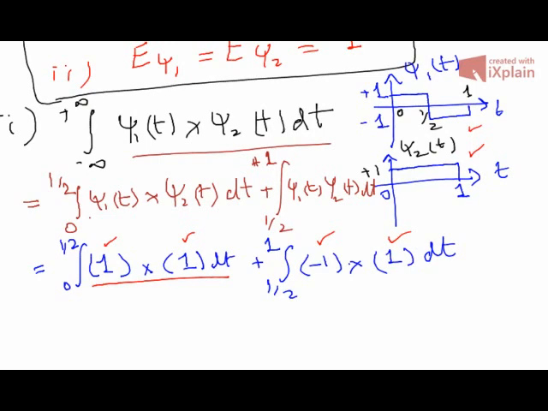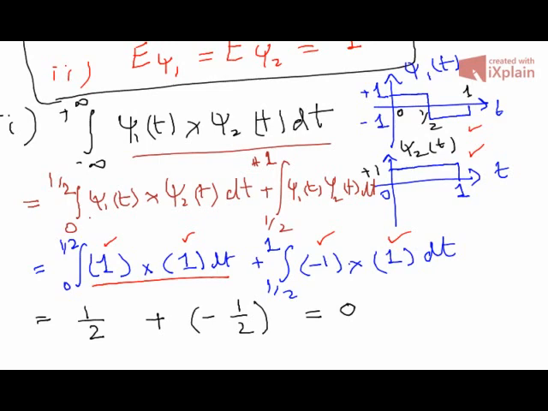Now if you solve this, what do you get? You get half from this integral, and if you solve the second one, you get minus half. If you add half plus half, it is 0. Hence psi 1 and psi 2 are orthogonal signals.